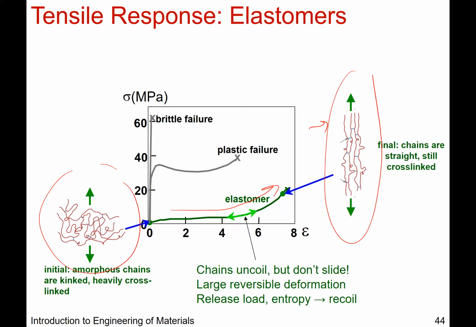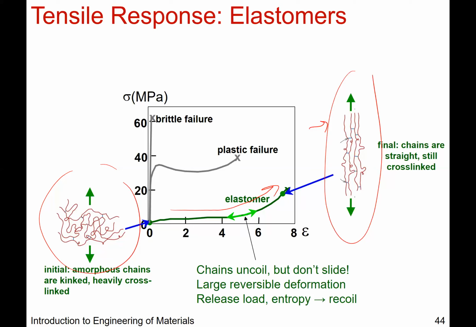You can stretch them well beyond the elastic region of metals. We've talked about 0.002 strain, or 0.2% strain. Now we're talking about 400, 500, 600% strain. So we're orders of magnitude different in terms of how much strain we can put into these elastomers and still get them back.